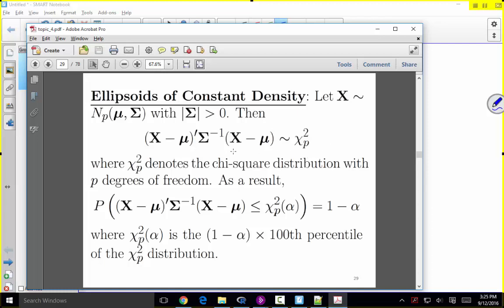If your data are multivariate normal, then squared statistical distances from mu are distributed chi-square with p degrees of freedom. X is a p-dimensional random vector, and the squared statistical distance has a known distribution.